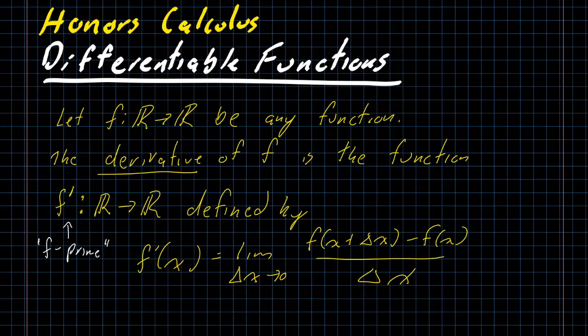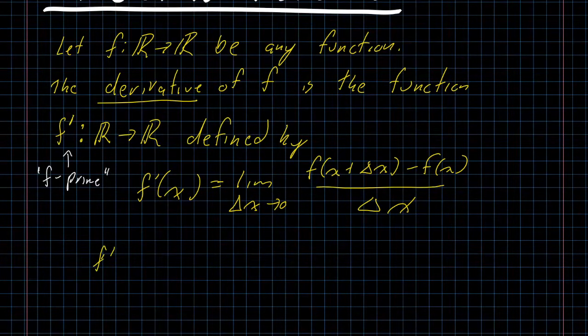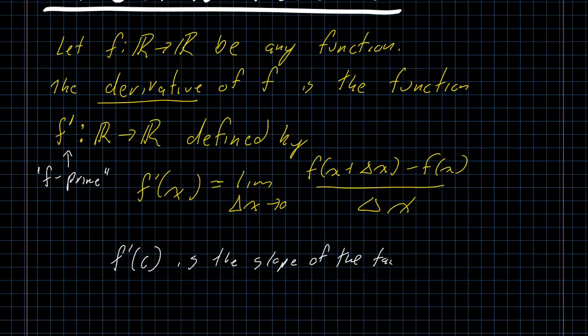And f prime is the function mapping from R to R, defined by the limit of the quotient that we looked at last time. f prime of c is exactly the slope of the tangent line when x is equal to c. That's the definition that we used here.